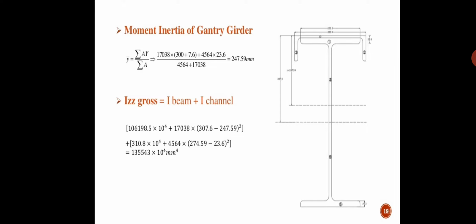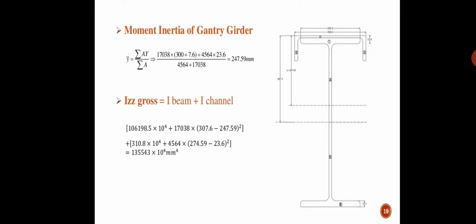Next, our channel area 4561 multiplied by 23.6. 23.6 is nothing but our CZZ of channel section. So finally Y bar is 247.59 mm from the top of channel section.